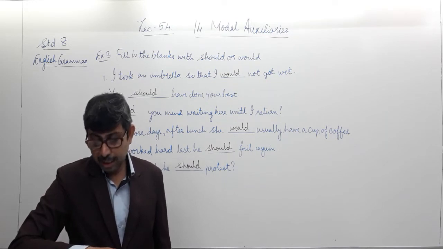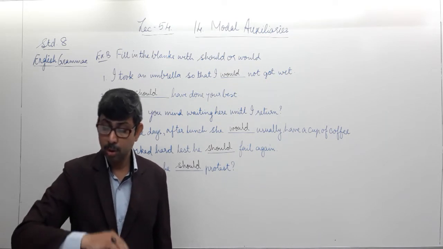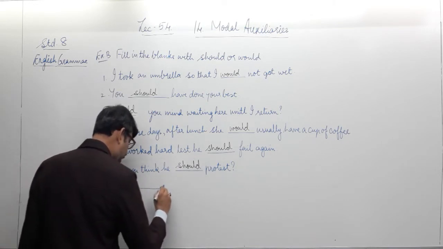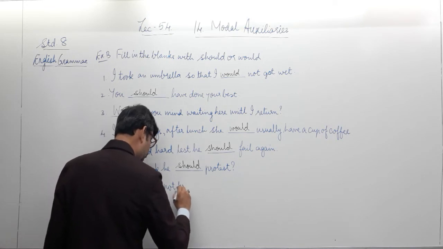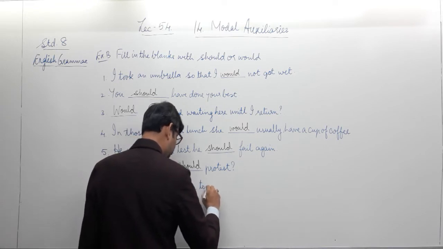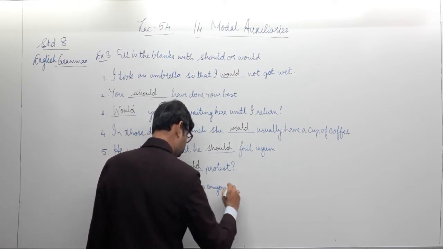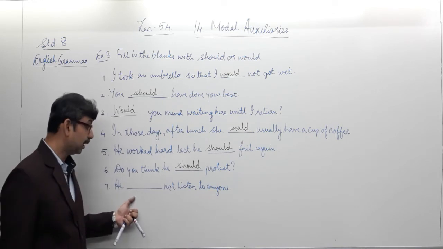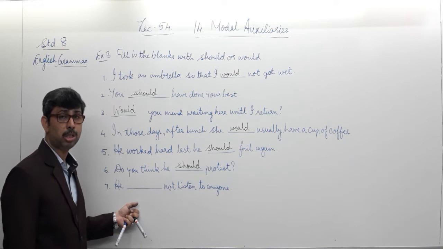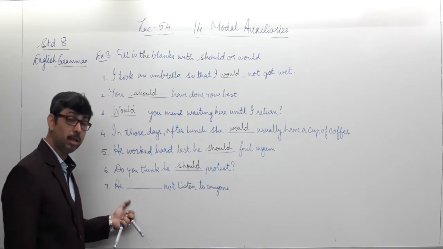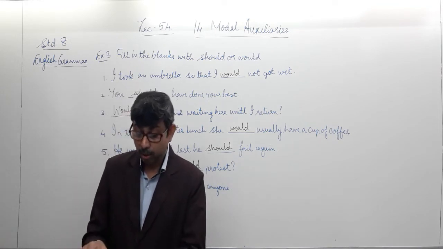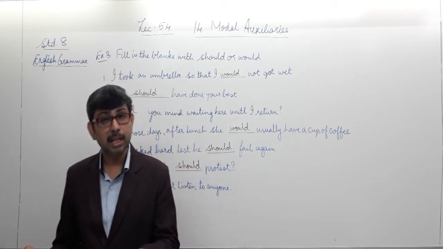The seventh one: he dash not listen to anyone. We are trying to say over here that he was not ready to listen to anyone. At no cost would he listen to anyone. So you have to fill in the word would, to express a kind of refusal, denial or disapproval.